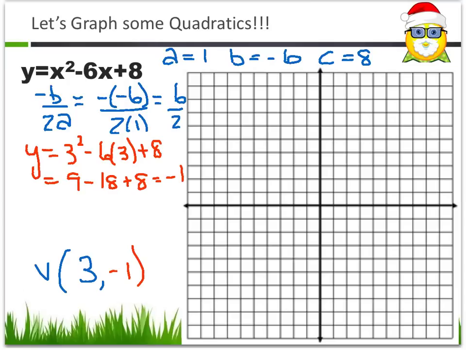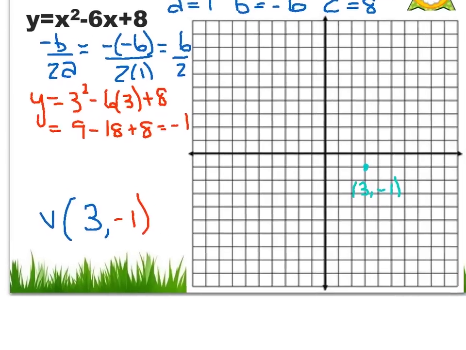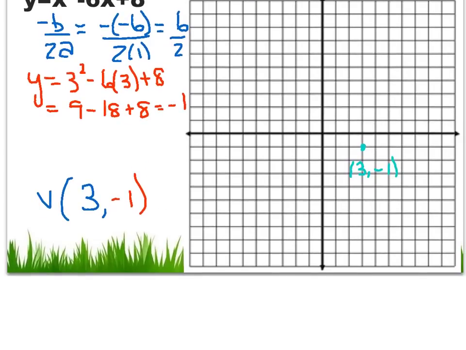So my vertex is at (3, -1). So I'm going to go ahead and graph my vertex, (3, -1). And remember, to find the rest of the coordinates of my graph, I pick points close to the vertex. So I'm going to make a little T-chart here. If I'm at 3, let's go ahead and pick 4 and 5.